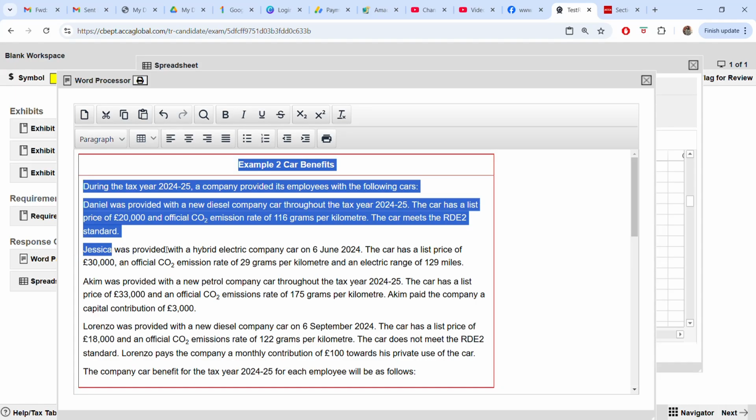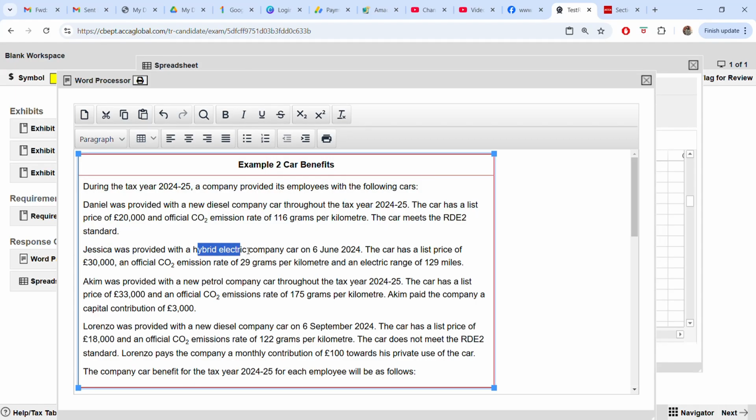For Jessica, it's a hybrid electric company car, and you are using it from 6th June. So you have to time apportion. How many months? April and May, 2 months it is not there. So it is there for 10 months, from 6th June 2024 to 5th April 2025.